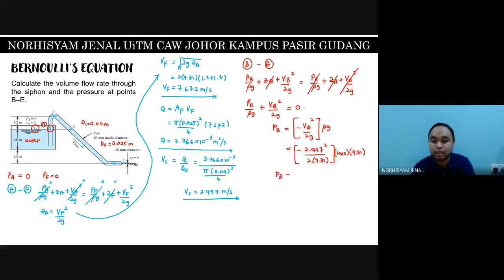So PB should equal to negative 4490.67 Pascal. Okay, so this will be the answer for PB.